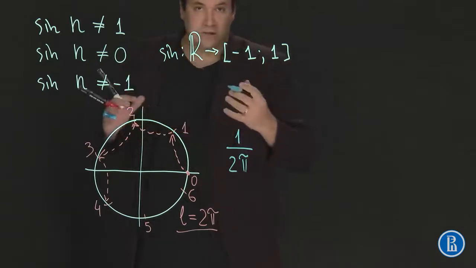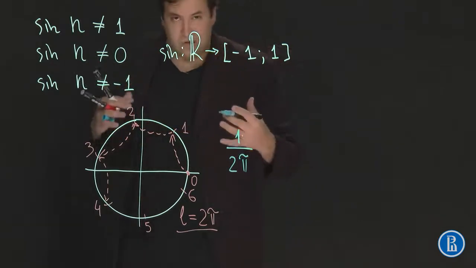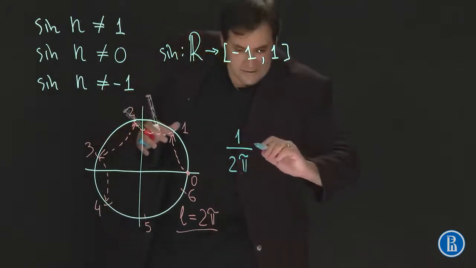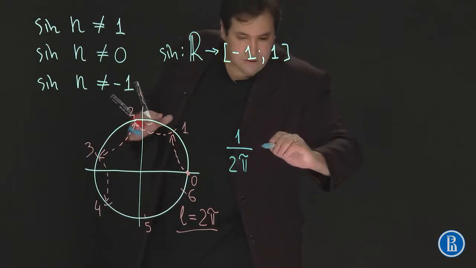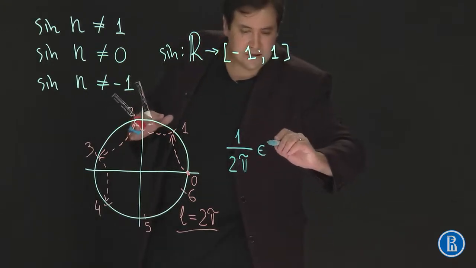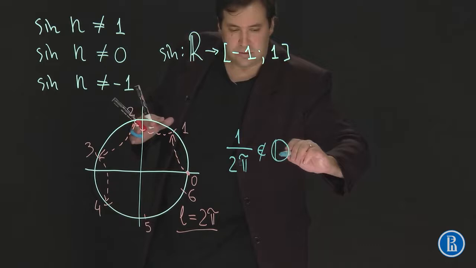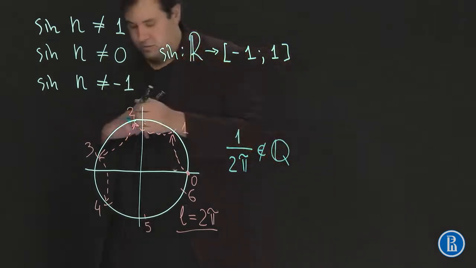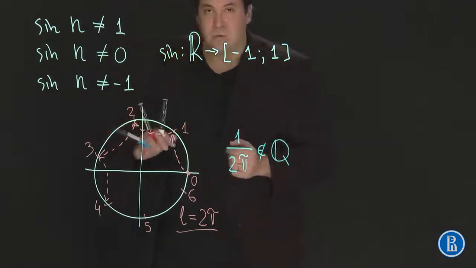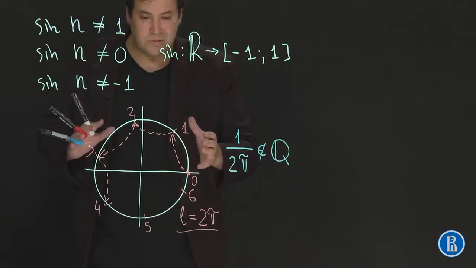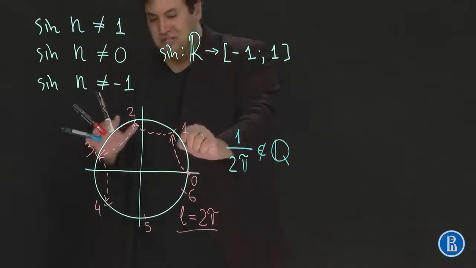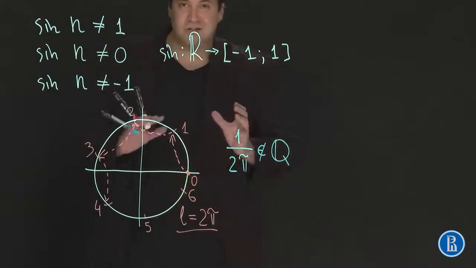And all that matters, so that we could apply Kronecker's theorem, is that this quotient is irrational. But we certainly know that this is so. So we can apply Kronecker's theorem to positive integers on a trigonometric circle.